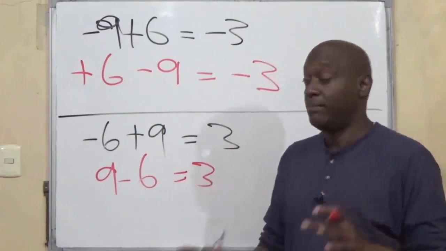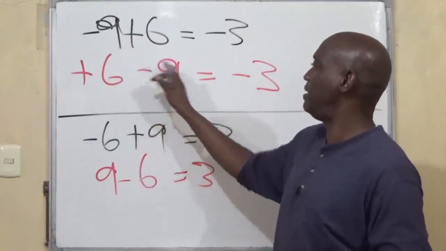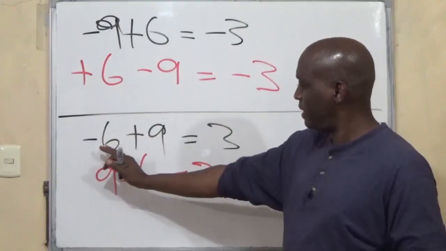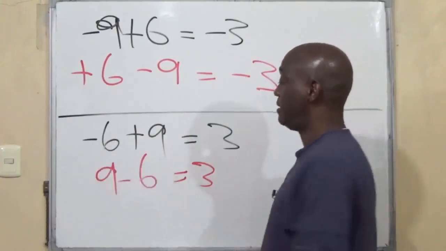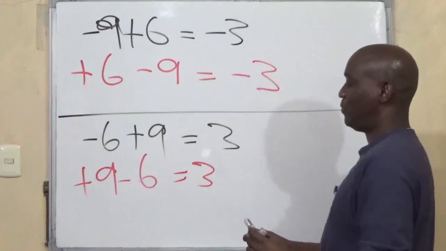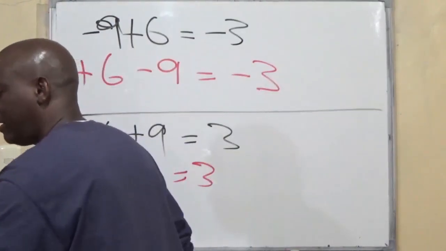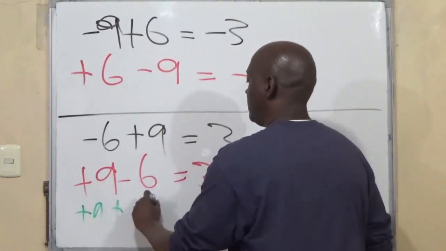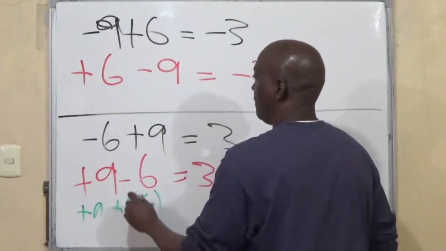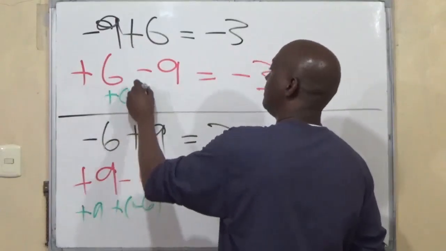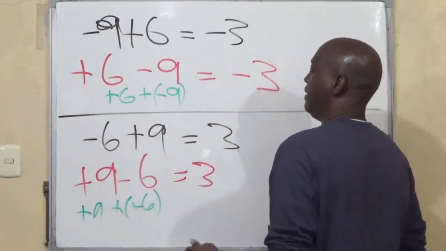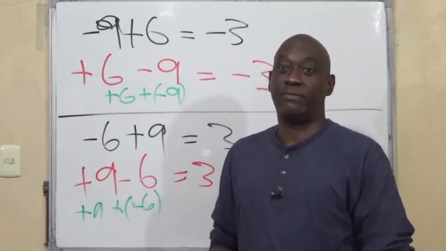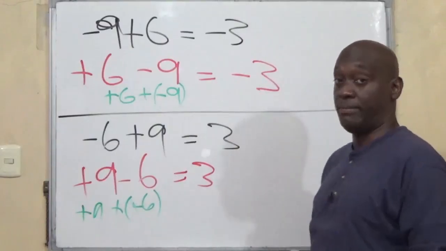Because this is plus 6 plus minus 9, which is just 6 minus 9, right? Same story here. Minus 6 plus 9 is the same thing as plus 9 minus 6, which is the same thing as, I put it in green, plus 9 plus minus 6, right? This is the same thing as plus 6 plus minus 9. Alright? And again, because addition is commutative, you get the same minus 3 in both instances.